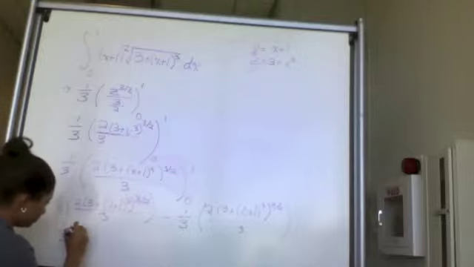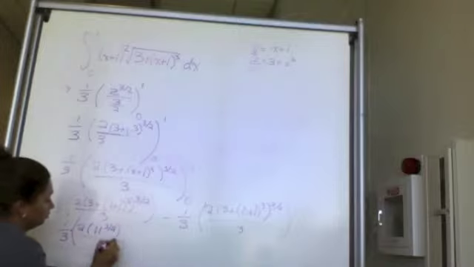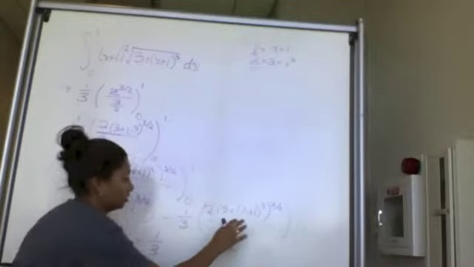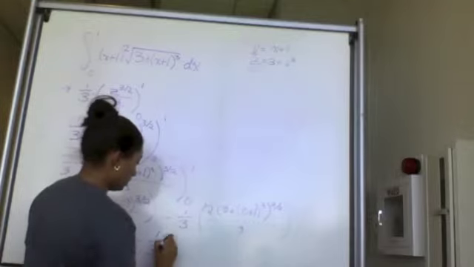So 1/3 times 2 times 11 to the 3/2 power over 3, minus 1/3. 0 plus 1 is 1. 1 cubed is 1 plus 3 is 4.